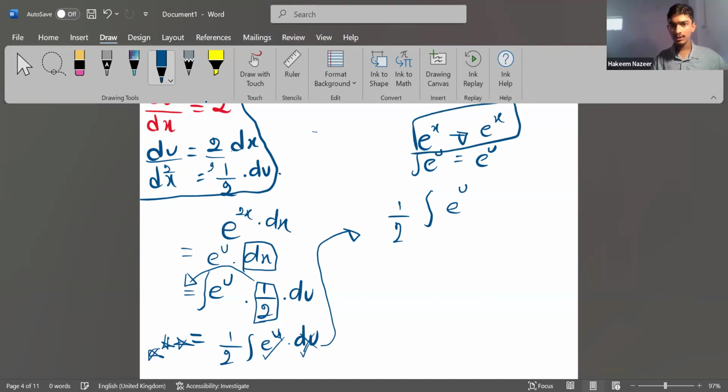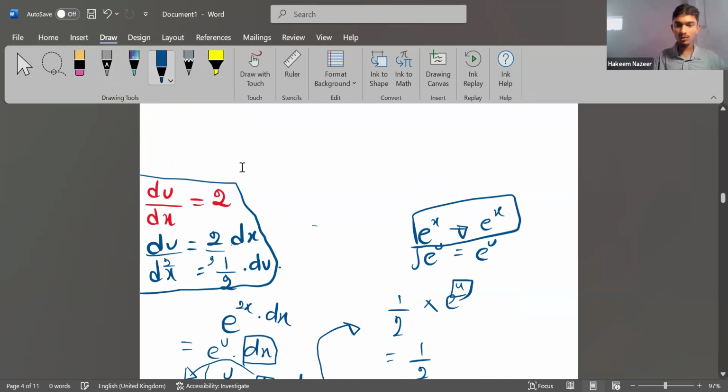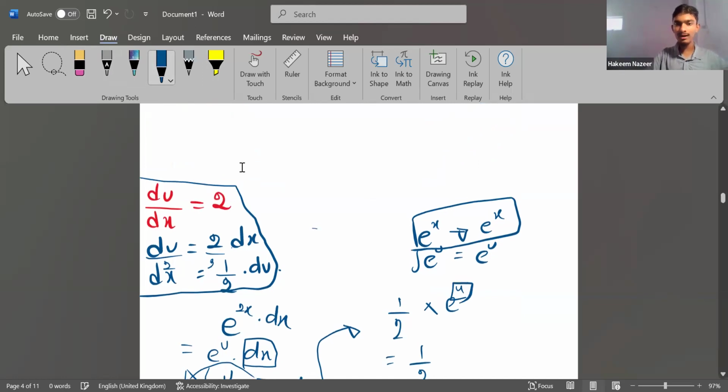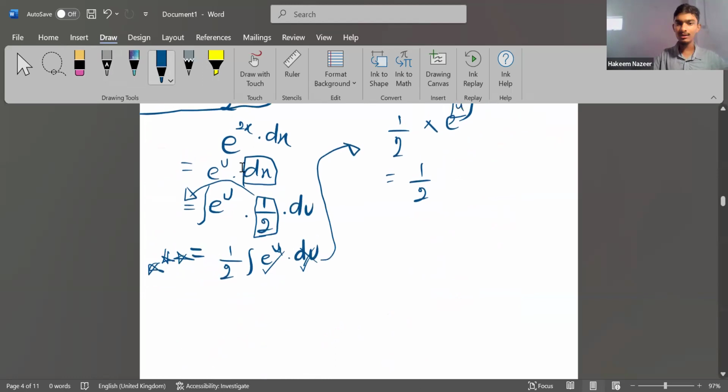Then half into e to the power u, where u equals 2x, and the answer is half e to the power 2x. Don't forget to put the c.